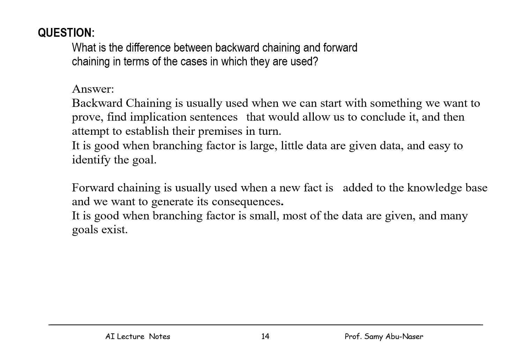However, for backward chaining, the branching factor is large, the data given is little, not many facts, and the goal is easily identified. In this case, we use backward chaining.